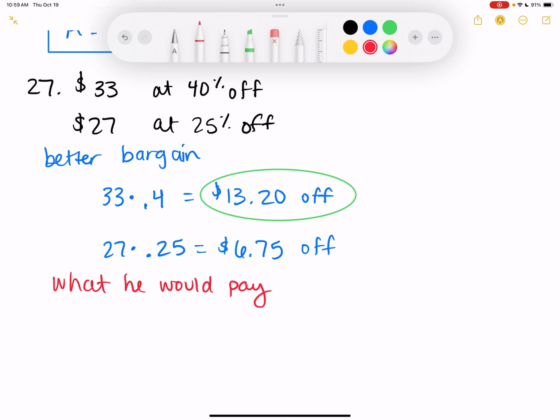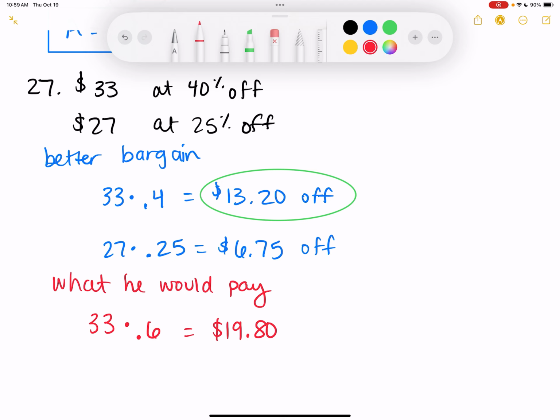So this one is going to be 33 times 0.6 because 0.6 is what I'm going to pay. I'm paying 60% of the price. So this one's going to be $19.80. So this is what we would pay for that one.